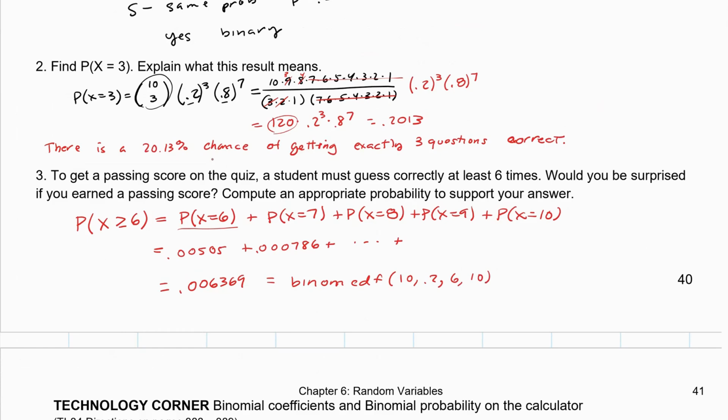And again, that's using the command binomial CDF, with 10 trials, 0.2, 6, 10. As with all calculator code, this is the number of trials, this is the probability, this is our lower bound, and this is our upper bound.